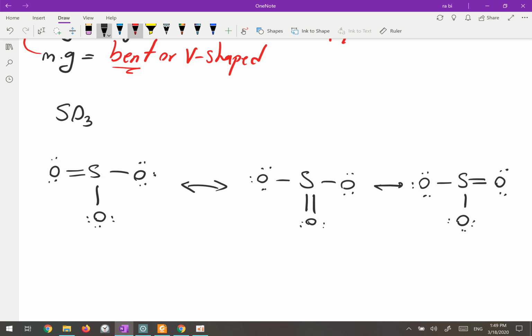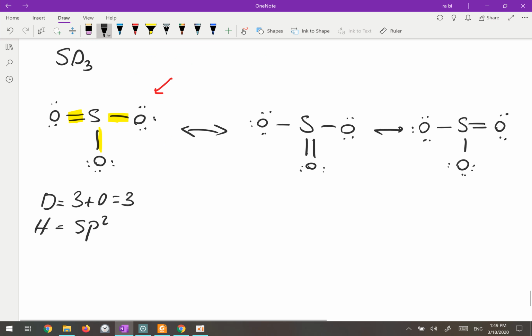I pick one of them, this one, to determine the domains that we have. How many domains do we have here? 1, 2, 3 bonds, no lone pairs. So the domain is 3 plus 0, which becomes 3. When the domain is 3, the hybridization is sp2. And when you don't have a lone pair, the electronic geometry and molecular geometry are the same.